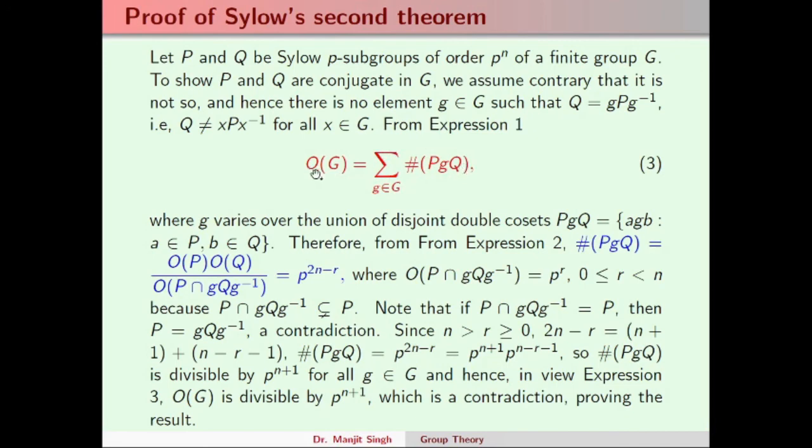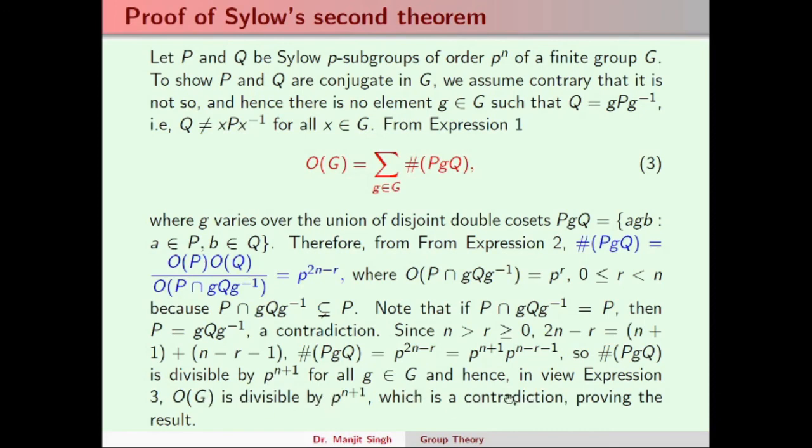So p raised to power n plus 1 will divide the order of G, which is a contradiction, because we have taken P as a Sylow p-subgroup, and p raised to power n divides the order of G, and no prime power more than p raised to power n cannot divide the order of G. But here we have assumed that Q is not equal to x P x inverse, and therefore we have the condition that p raised to power n plus 1 divides the order of G, which is a contradiction.